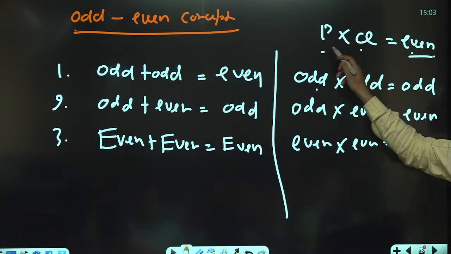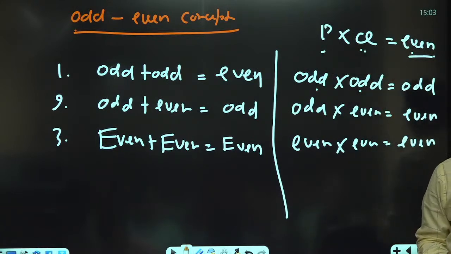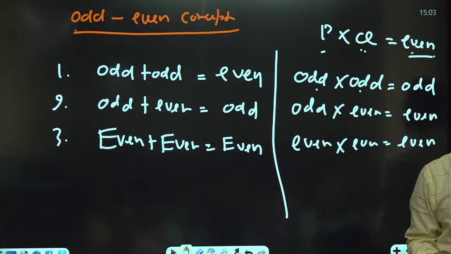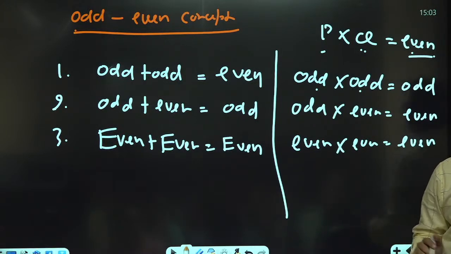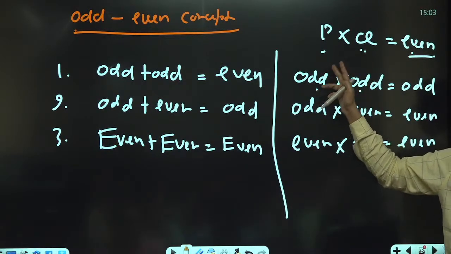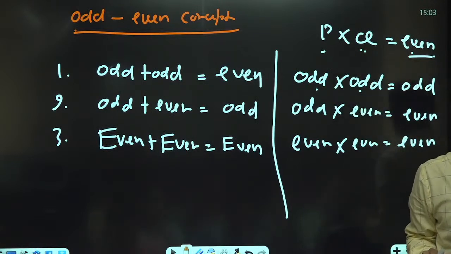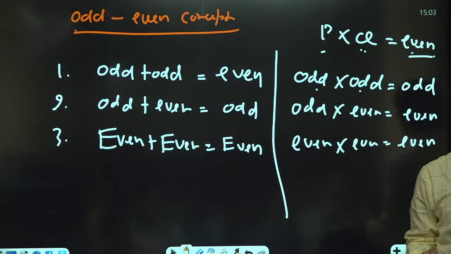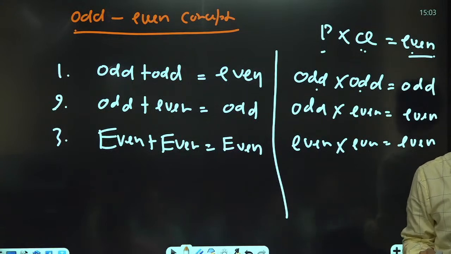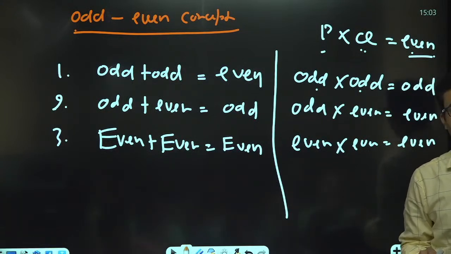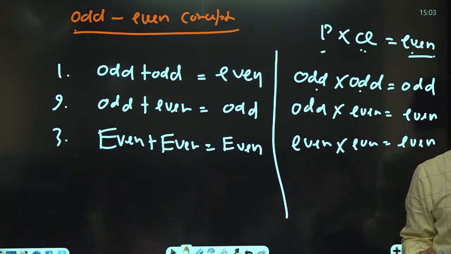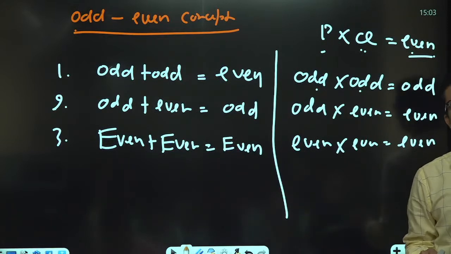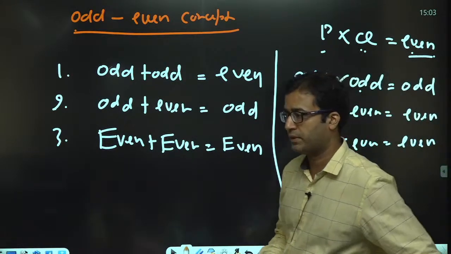If it is even, either both are even or one is even. But for prime numbers, we have a concept: 2 is the only even prime number. So we can conclude either P is 2 or Q is 2. Okay. Then with extra information, we can conclude both if extra information is given. But out of these 2, one prime number we can conclude is 2 because 2 is the only even prime number.